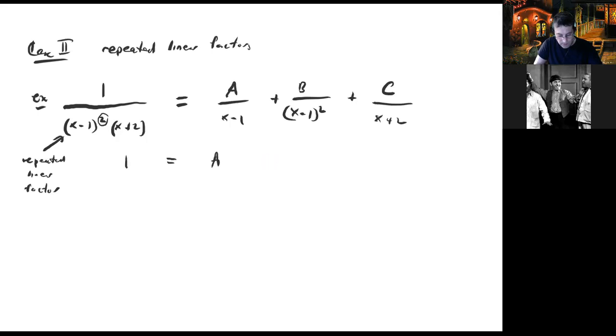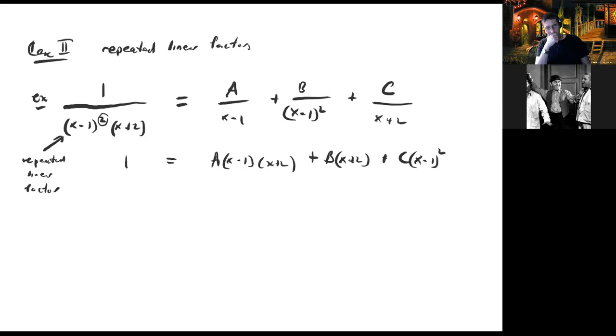Let me start over. It's going to be a times x minus 1 times x plus 2 plus b times x plus 2 plus c times x minus 1 squared.